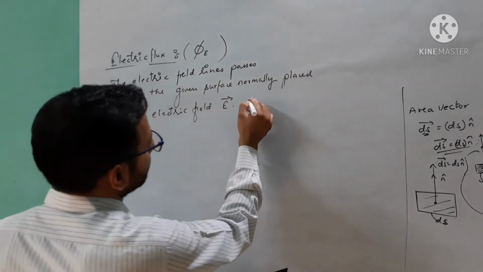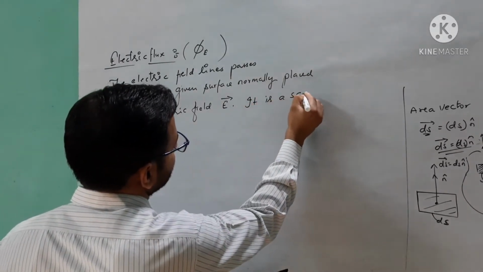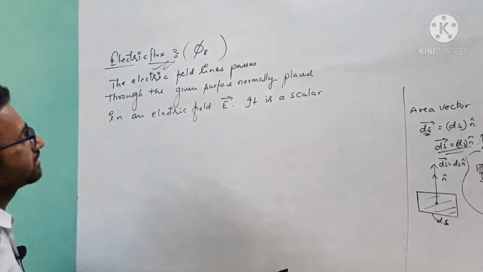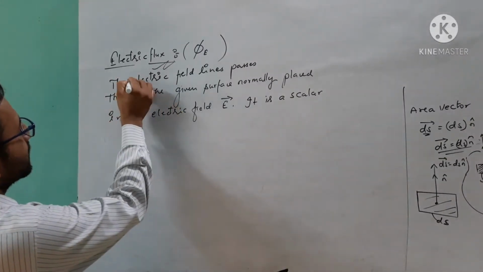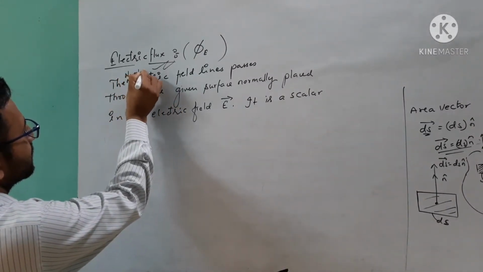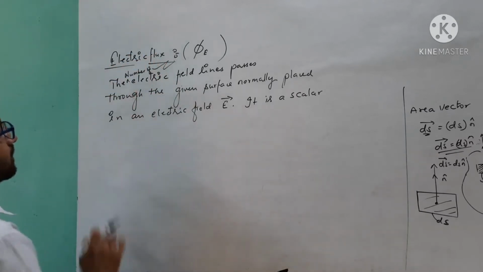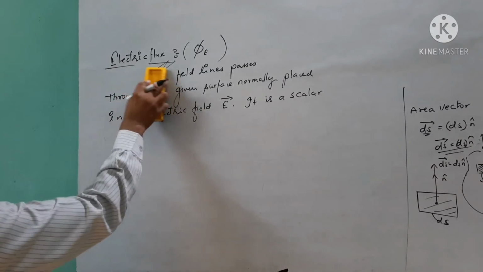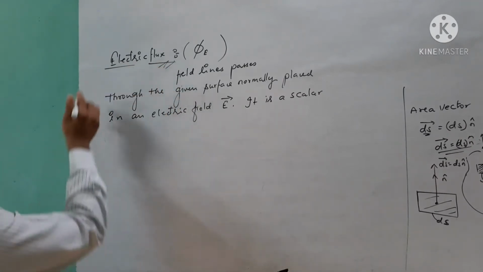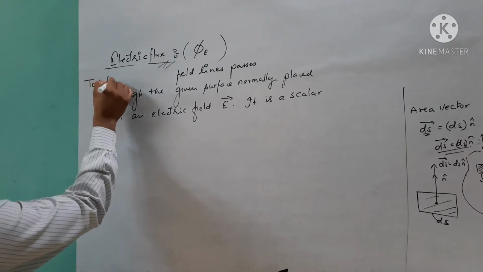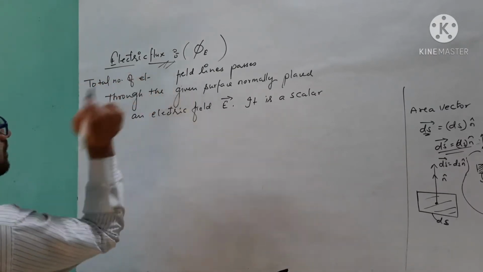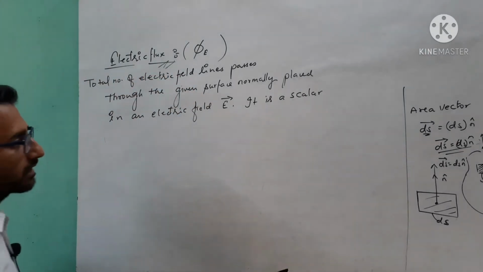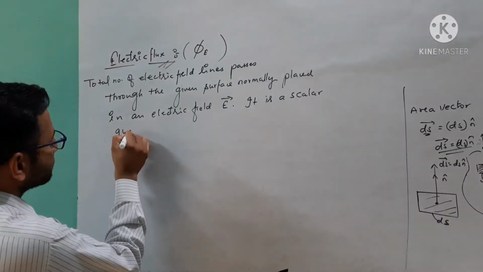It is a scalar quantity, because it represents the number of electric field lines. So we can write this in proper way: the total number of electric field lines is called electric flux. It is a scalar quantity.